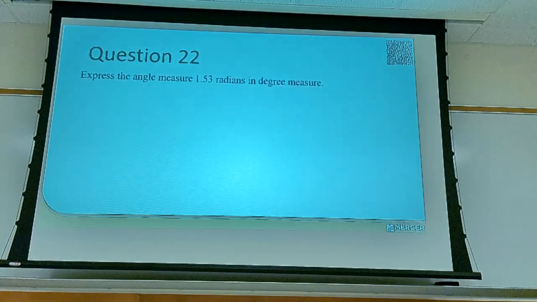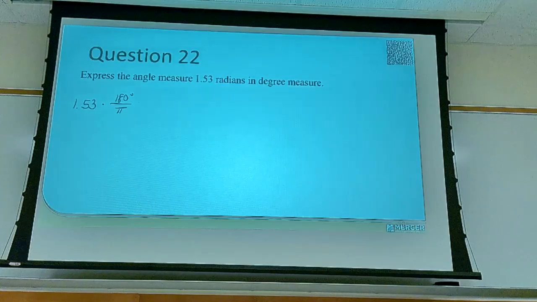So the one that is going to require approximations: 1.53 radians. Again, they already gave us a decimal, so this is definitely an approximation. 1.53 times 180 degrees over pi.